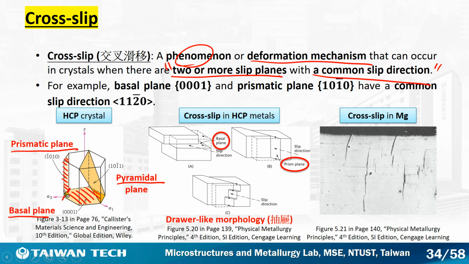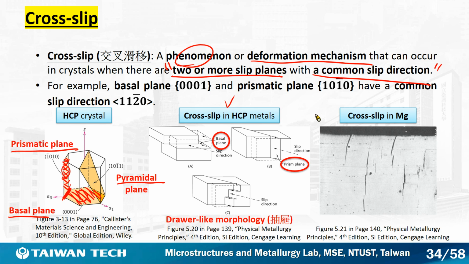We know that for slip, the dislocation must move on the slip plane, for example on this plane and on this plane. If we have a common slip direction, it means that the dislocation can move from this plane to this plane through these slip directions.